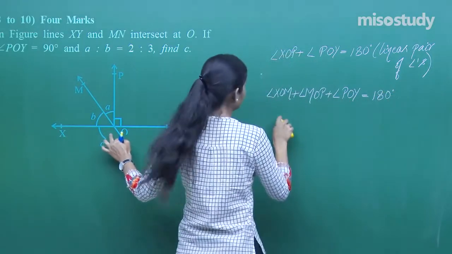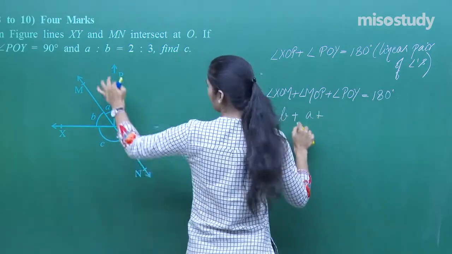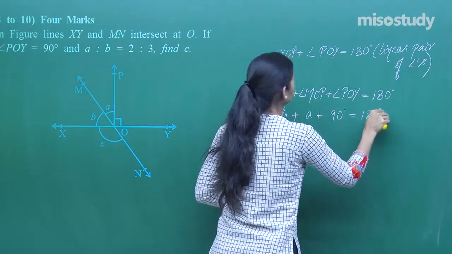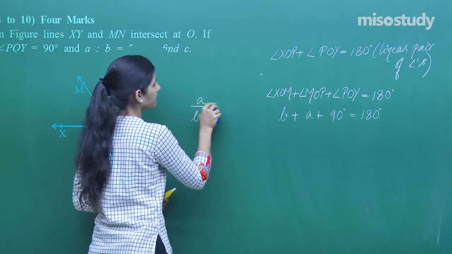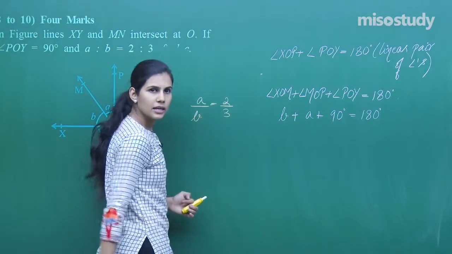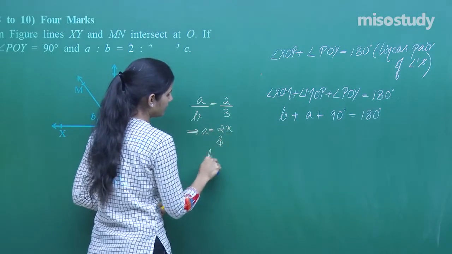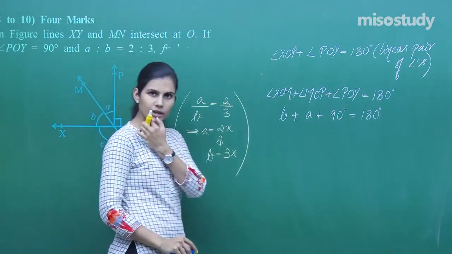Angle XOM is B, MOP is A, POY is 90. Now if you have A upon B is 2 upon 3, I can say A is 2x and B is 3x for some x, right?